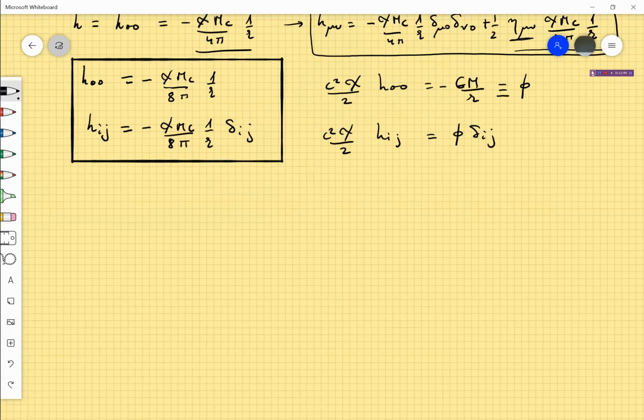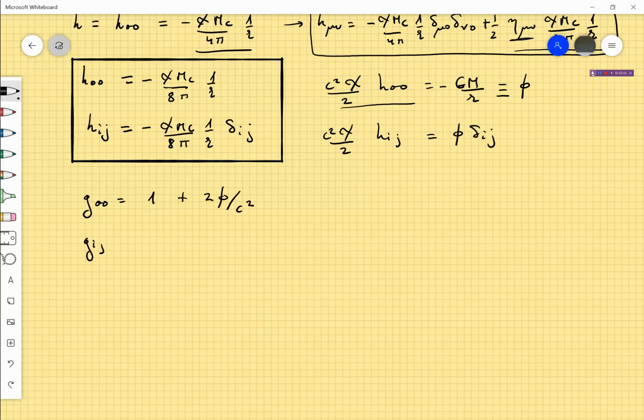Okay, almost there. Now we have that g 0 0 is eta 0 0, which is 1, plus chi times h 0 0. So g 0 0 is just 1 plus 2 times phi divided by c squared.